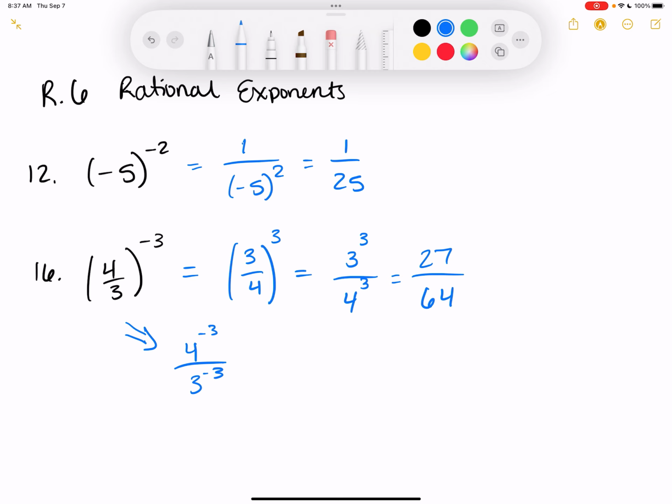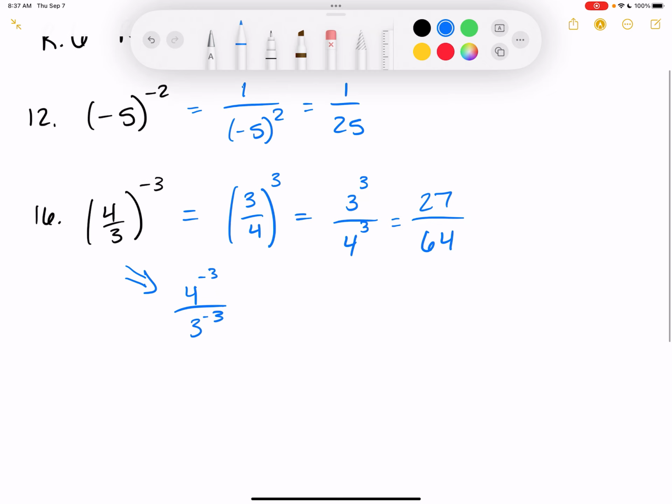Let's see, one with a variable in it, number 22. We've got -b raised to the -4. So in this case, the negative is not inside of parentheses on the b, so our expression is going to stay negative.